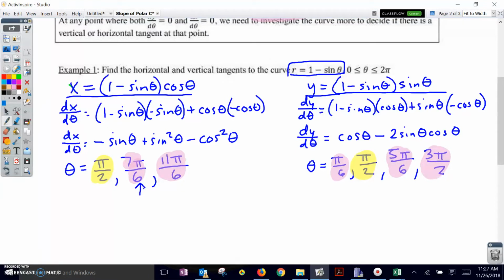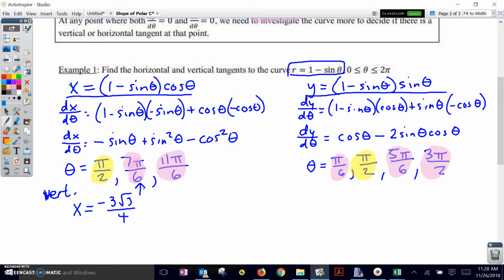And the cosine of 7 pi over 6 is negative square root of 3 over 2. So 3 halves times negative square root of 3 over 2. That's going to be at x equals negative 3 root 3 over 4. We should have a horizontal tangent. I'm sorry, we should have a vertical tangent.